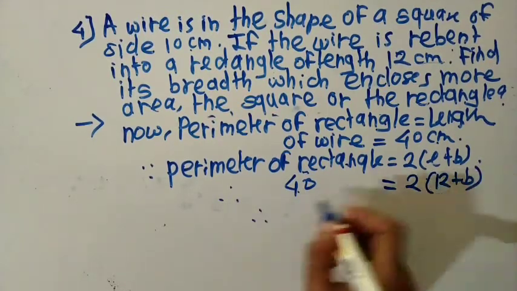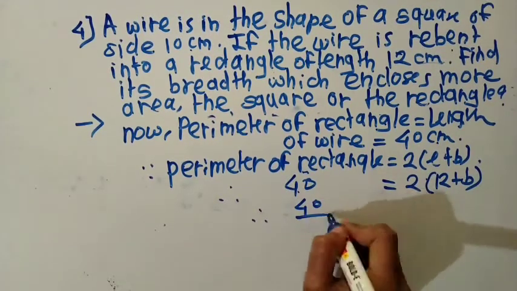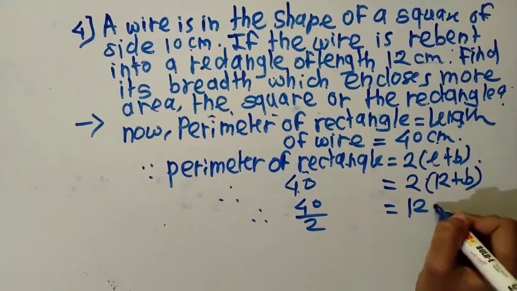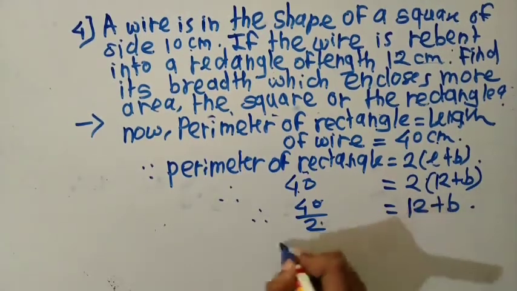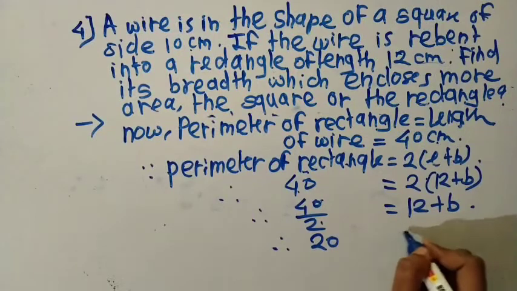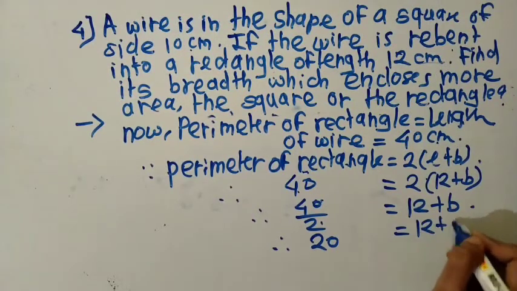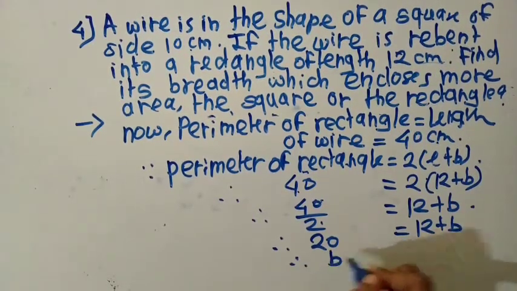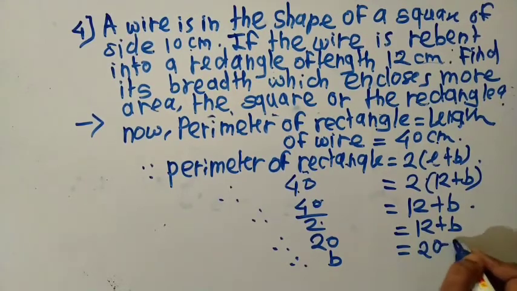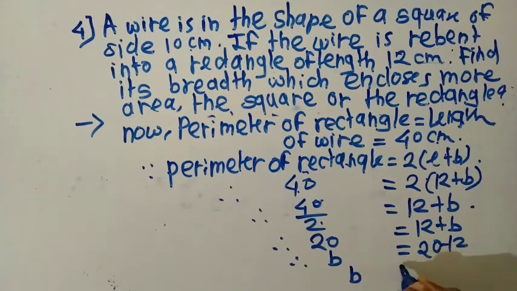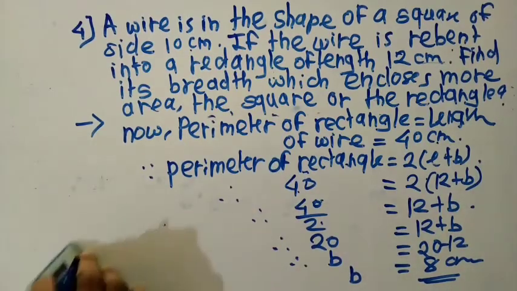Hence 40 upon 2 is equal to 20 is equal to 12 plus b. Hence b is equal to 20 minus 12. Hence b is equal to 8 centimeter. This is the breadth.